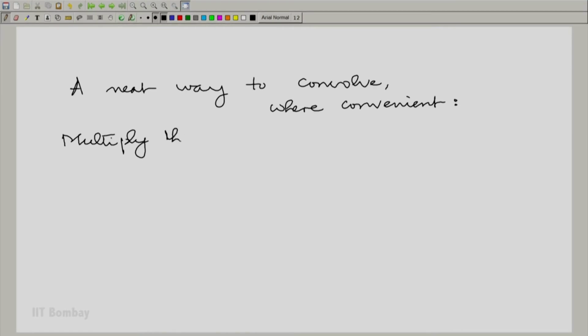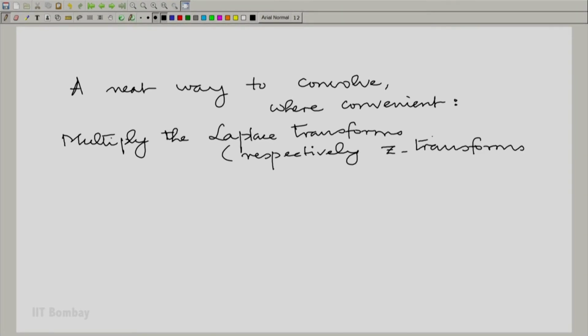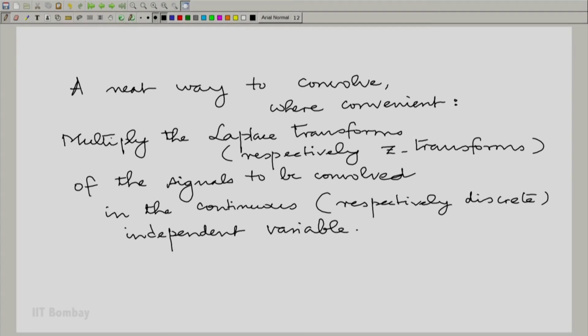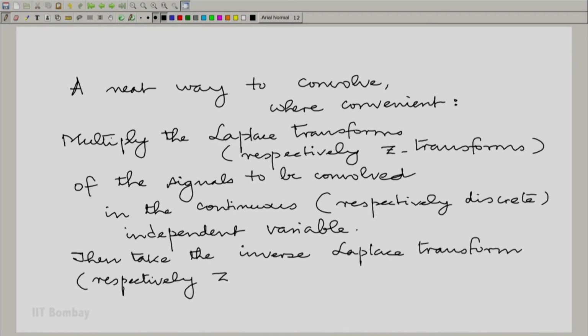Multiply the Laplace transforms, respectively Z transforms, of the signals to be convolved in the continuous, respectively discrete independent variable. Then take the inverse transform, keeping the ROC in mind, do not forget that.